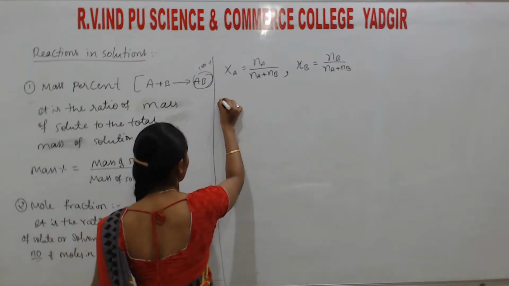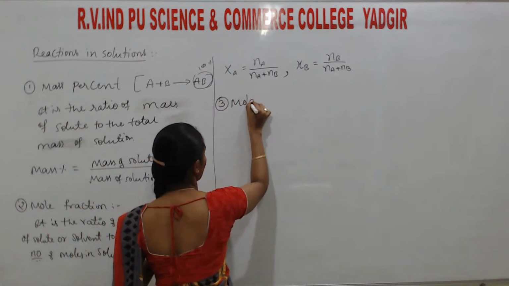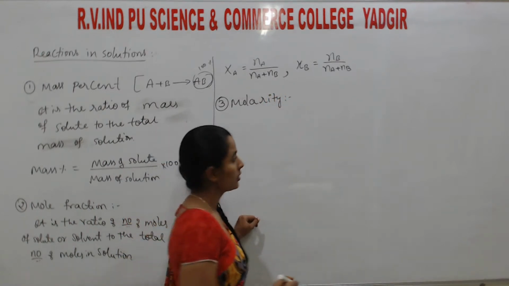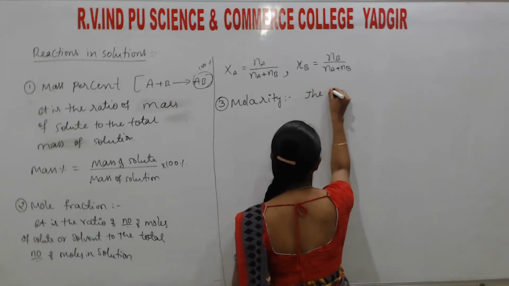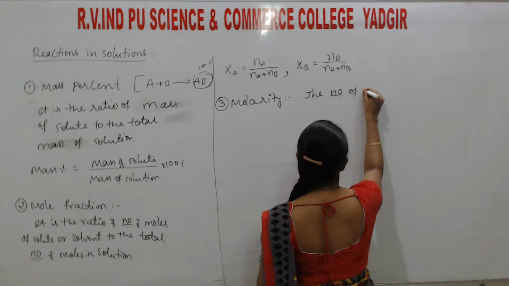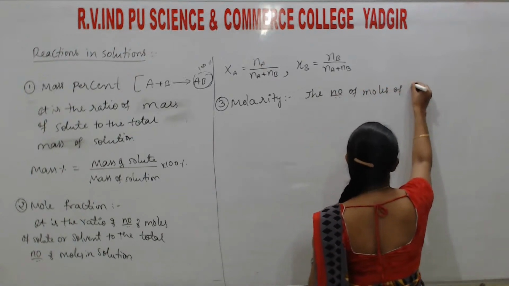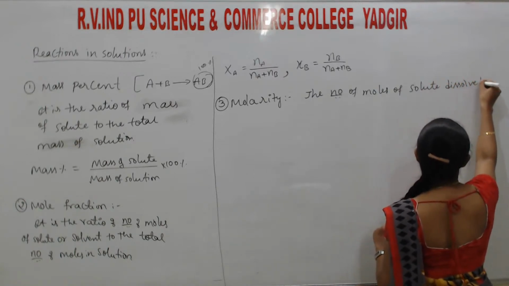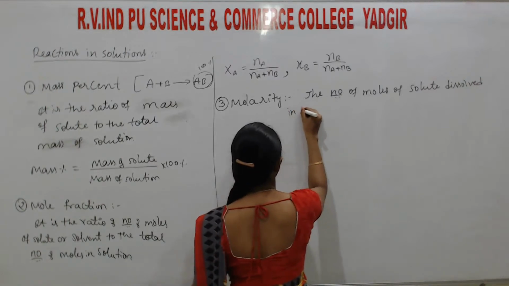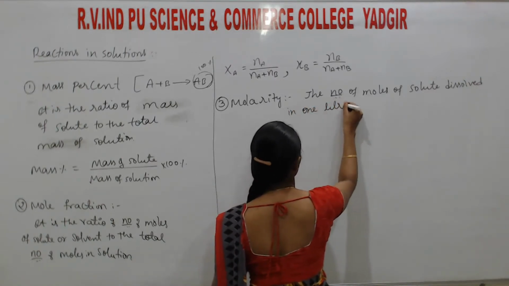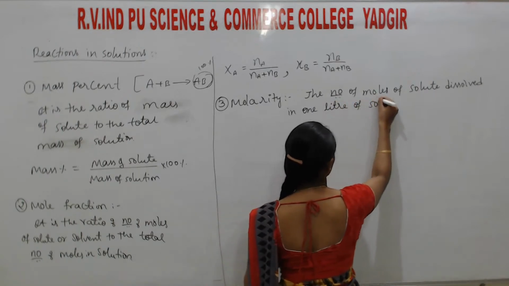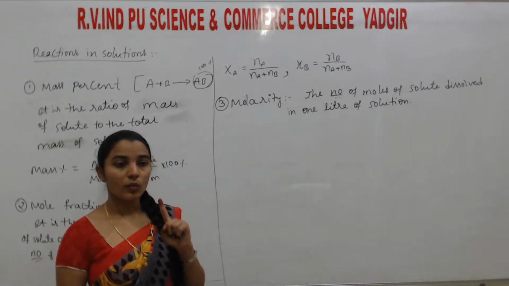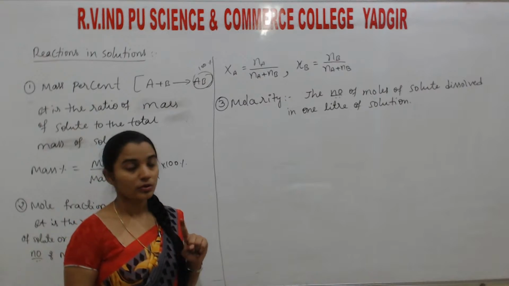Okay. So third one is molarity. It is defined as the number of moles of solute dissolved in 1 liter of solution. Number of moles of solute dissolved in 1 liter of solution.